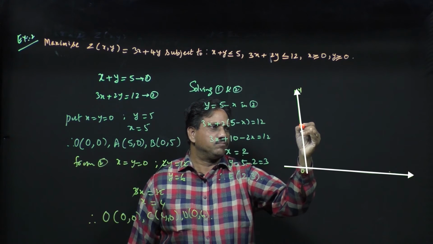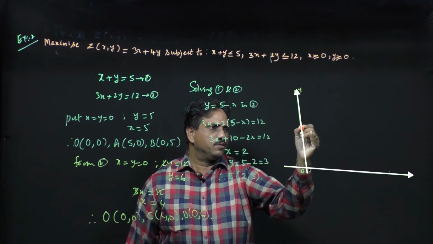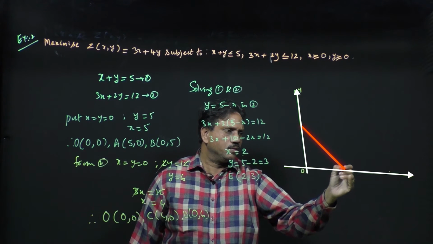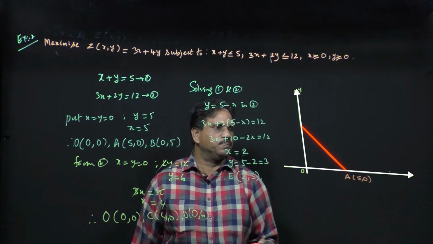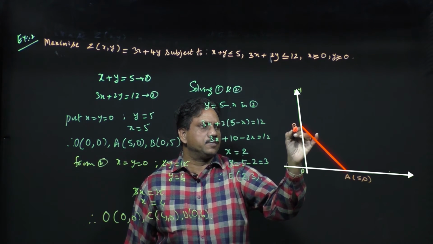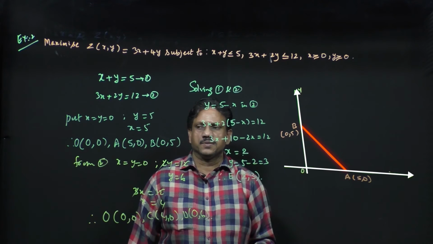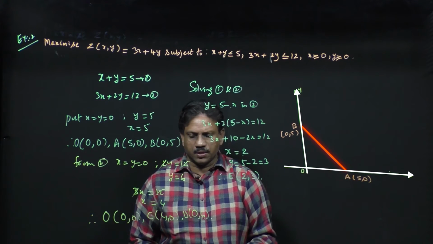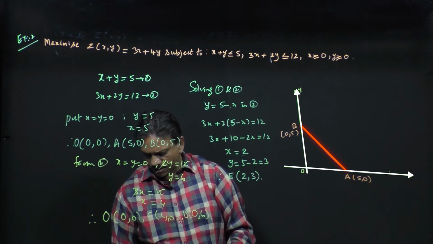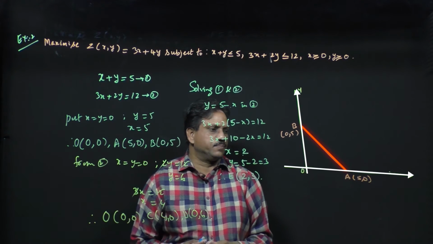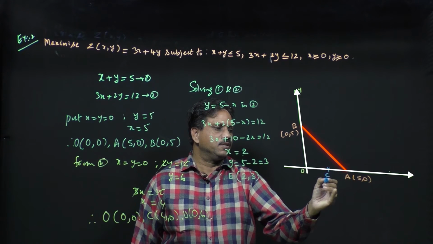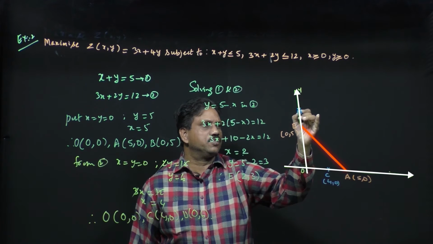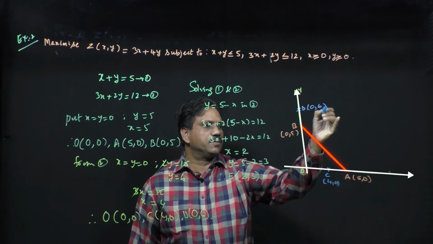Just draw a line. This is 5, 0, and this point is B, 0, 5. Coming to the second, 4, 0 is the C point. Mark here A, and here C, which is 4, 0, and somewhere here is the D point, which is 0, 6.